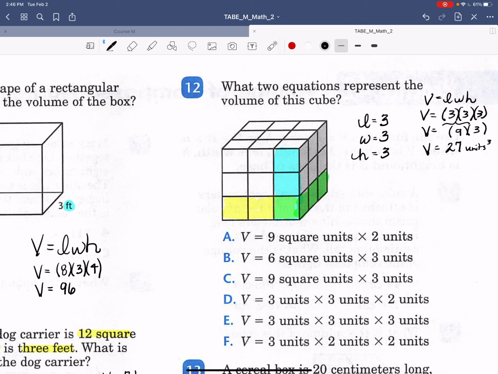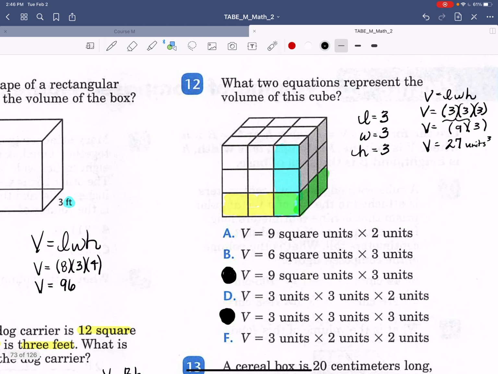So let's see if we can get a match here. I see 9 times 3, that's C. And then I see 3 times 3 times 3, that's E. And we just needed 2. I thought we needed 3. So number 12, the two answers are C and E. Let me put this in a box.